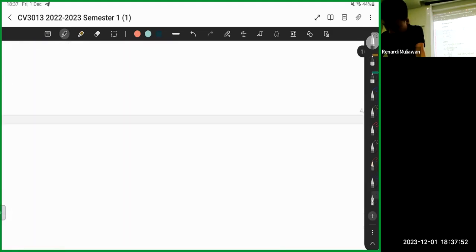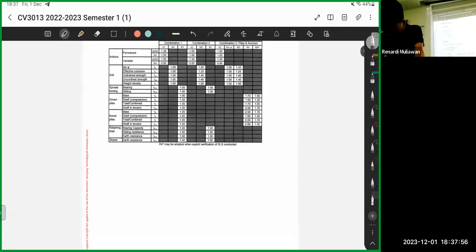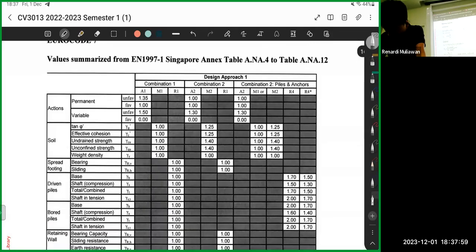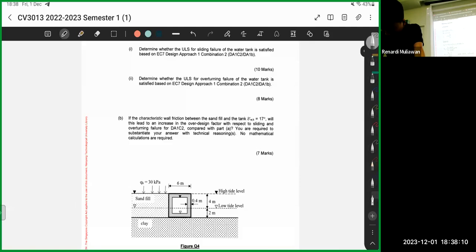Okay, I'm referring to this table behind. There. I'm referring to this. So multiply by 1, multiply by 1.3. Okay. So let's go back.